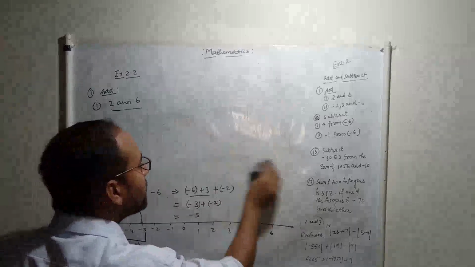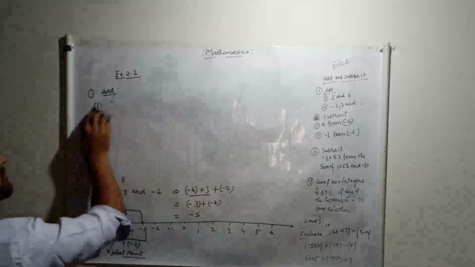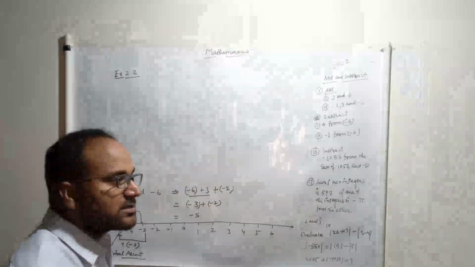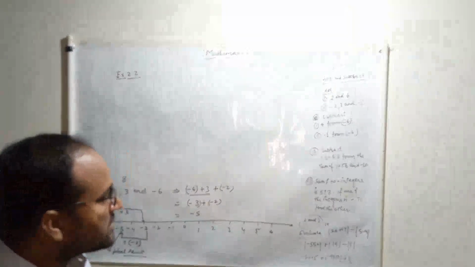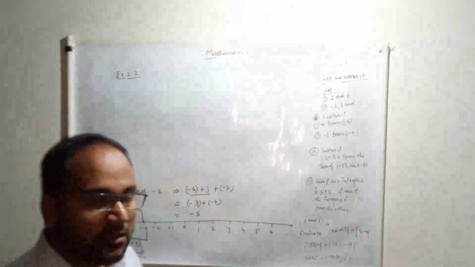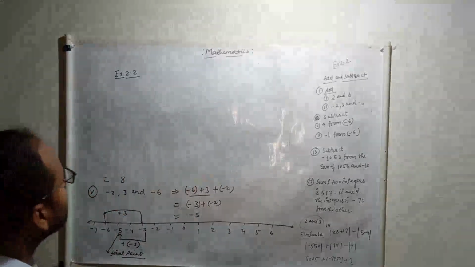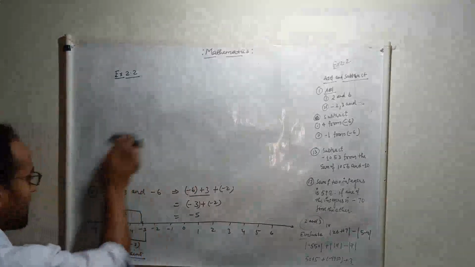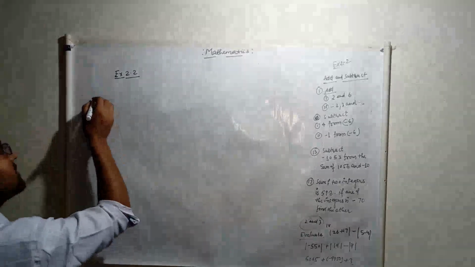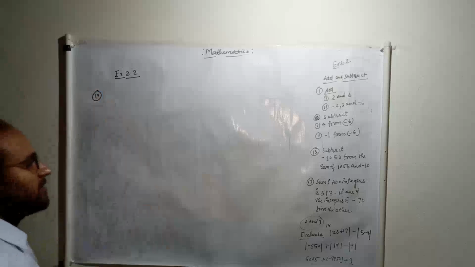And you know how to find additive inverse, successor, predecessor, additive inverse, multiplicative inverse, addition. Okay, so here I'm going to solve some subtraction. Subtraction question number 10 in your book.